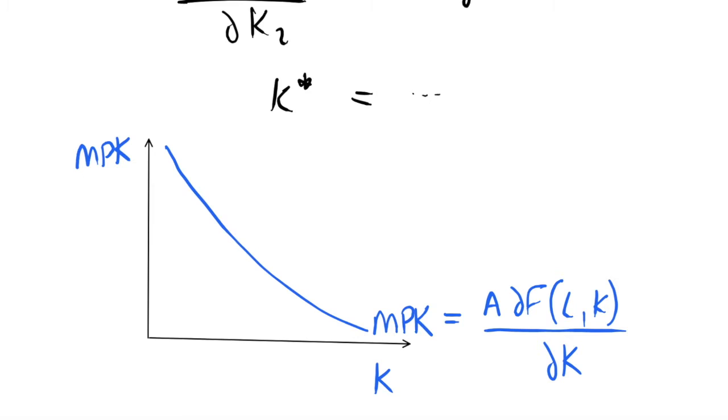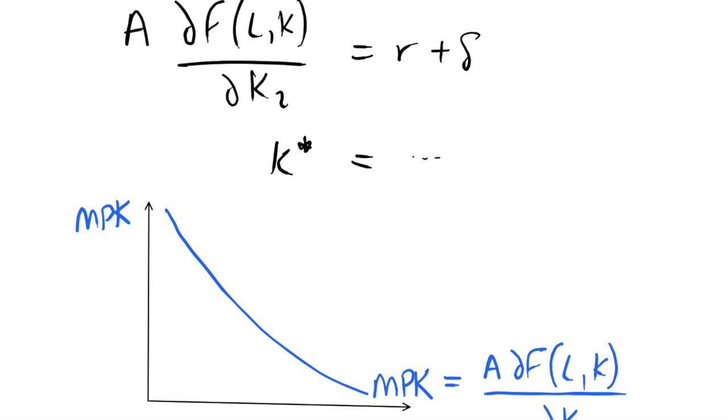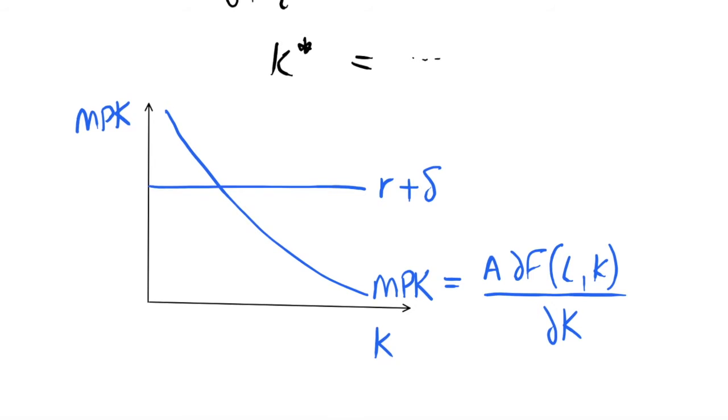And the right-hand side of this equation, as we have above, is just this constant, the interest rate plus depreciation rate. And as we've said, at optimum, these two are equal. So at optimum, we have some optimal level k star. This is our optimal level of capital where we set these two equal.